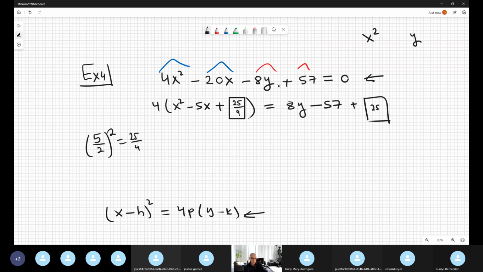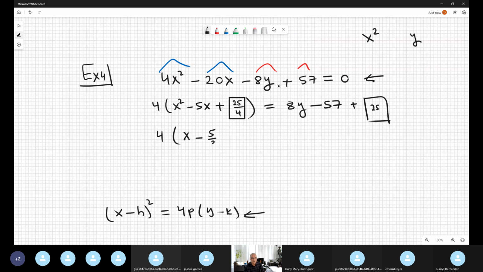Okay. Now I want the factorization. How? Well, you copy 4, and this is a perfect square trinomial. This x is the square root of this, minus this minus is this, and this is the square root, this is 5 over 2, no?